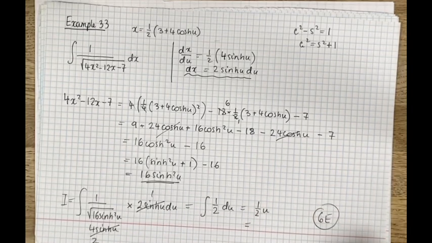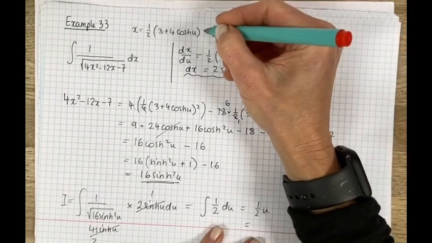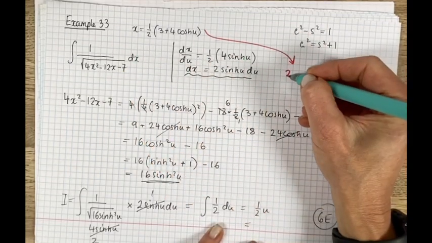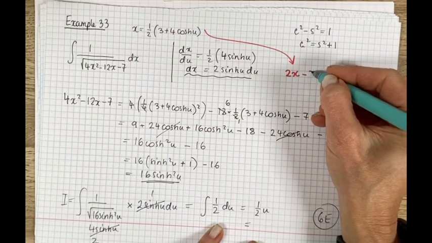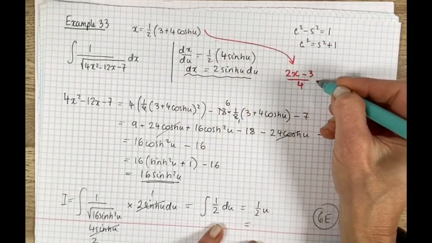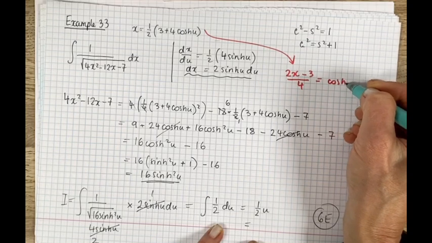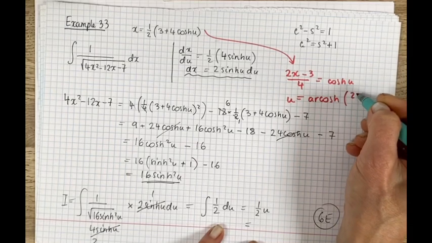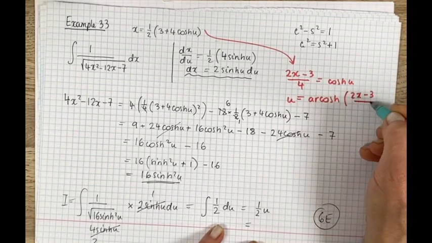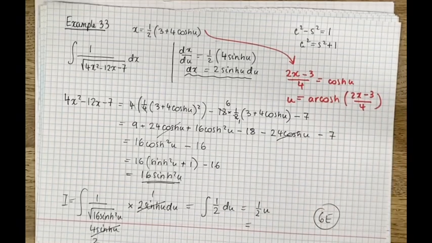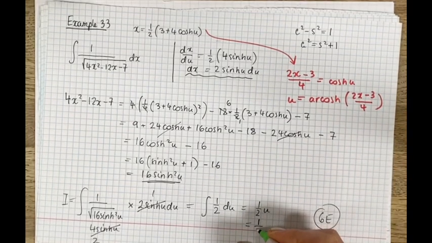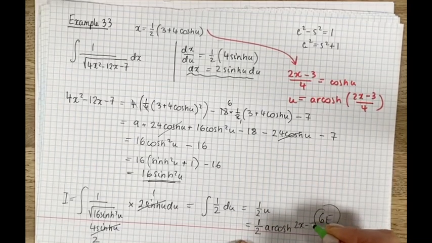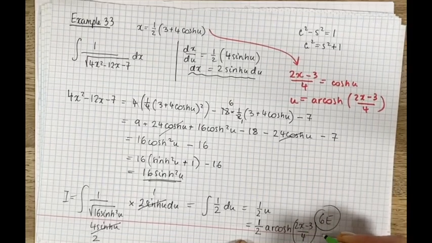Well, let's prepare ourselves to replace it. We need to get to cosh u first. So 2x, we'll take 3 away, divided by 4. This is going to be our cosh u. So u is going to be arcosh of 2x minus 3 over 4. So we've got half arcosh of 2x minus 3 over 4 plus c.